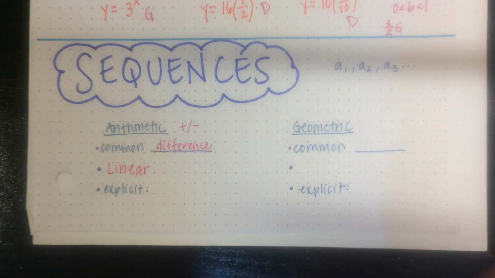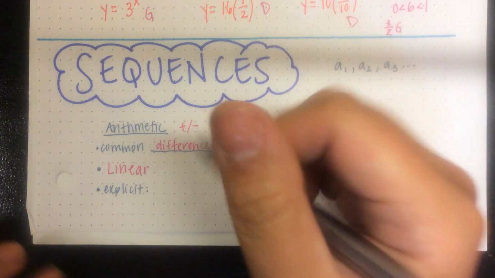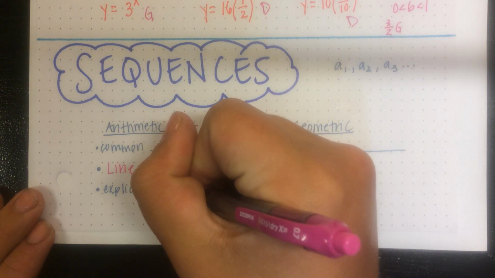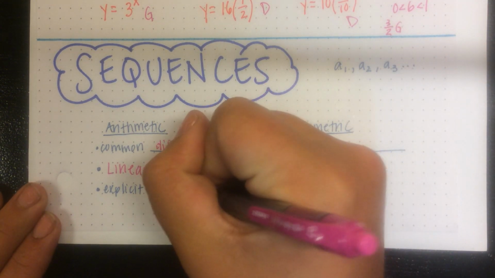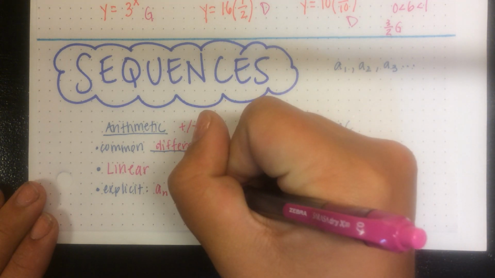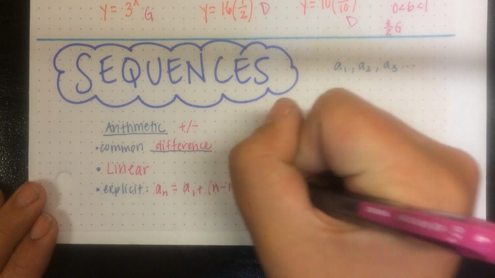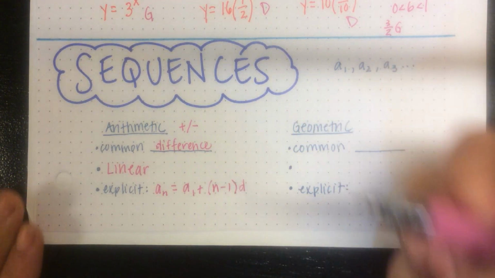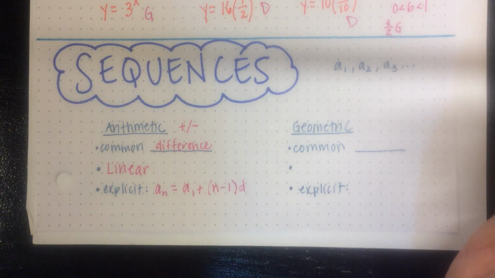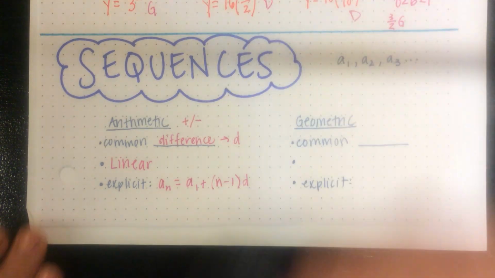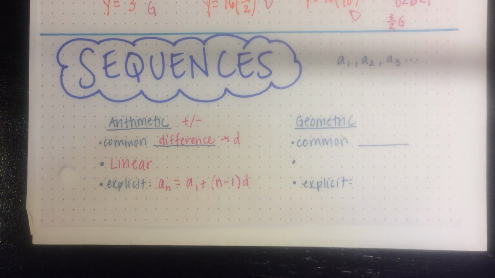And then we have an explicit formula, which is going to look kind of weird. But our nth term, A sub n, equals our first term plus n minus 1 times d, our common difference. Okay, let me put a little arrow there. That's d. All this is kind of weird, kind of crazy.